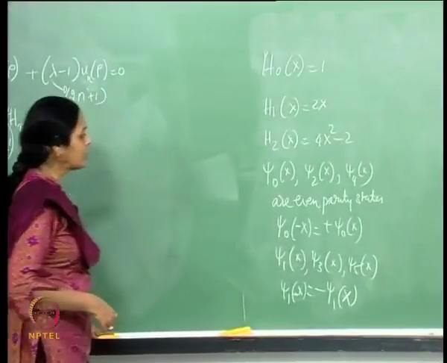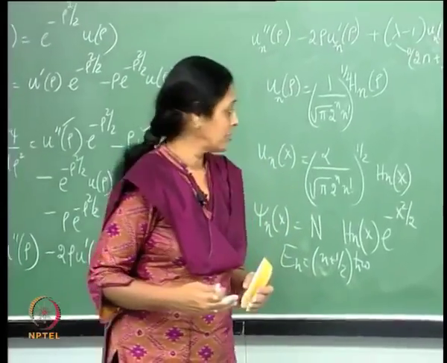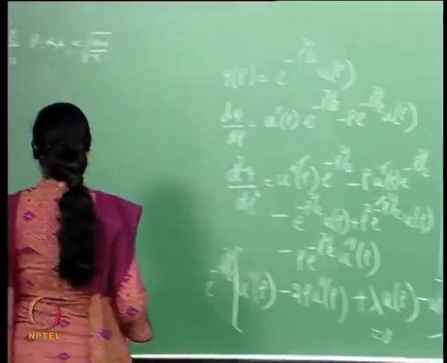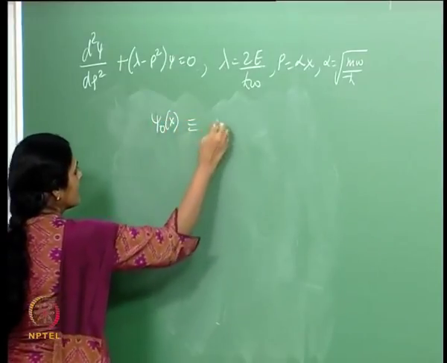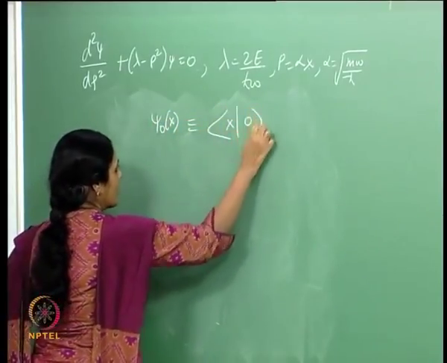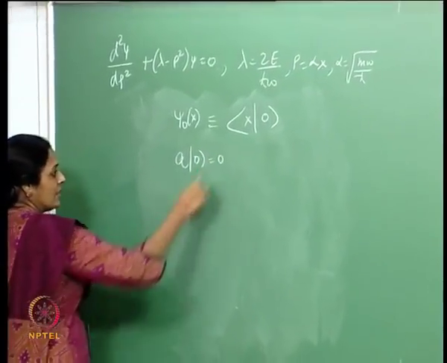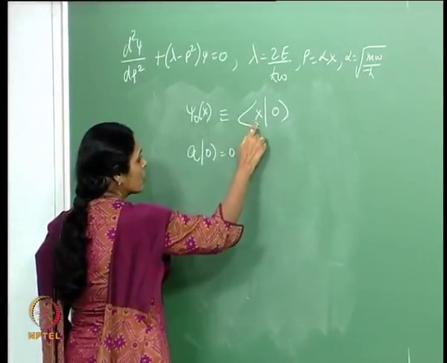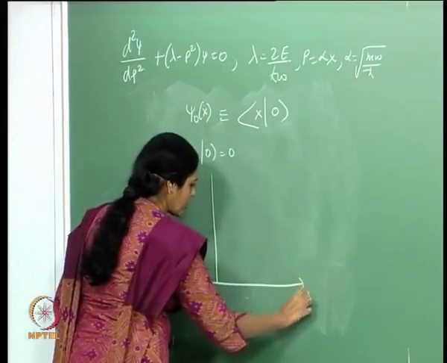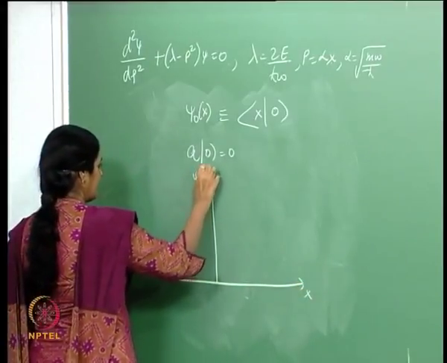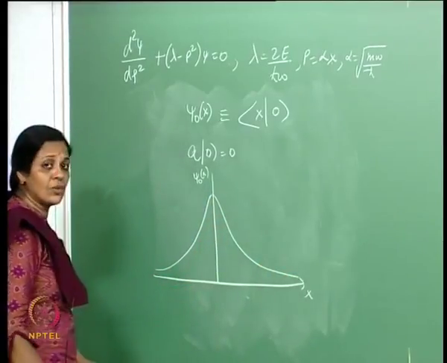Now if you look at a schematic plot of these wave functions as a function of x, you can see the following. If you take psi 0 of x, remember that this is the same in my notation as x0, where A on ket 0 was 0. This written in the position representation is psi 0 of x, and if I plot psi 0 of x versus x, I get a Gaussian in x centered at x equal to 0.